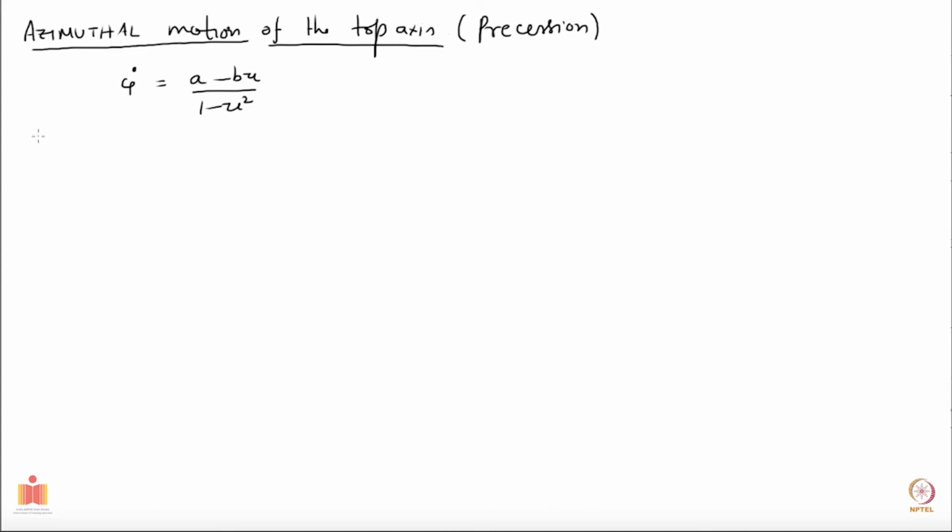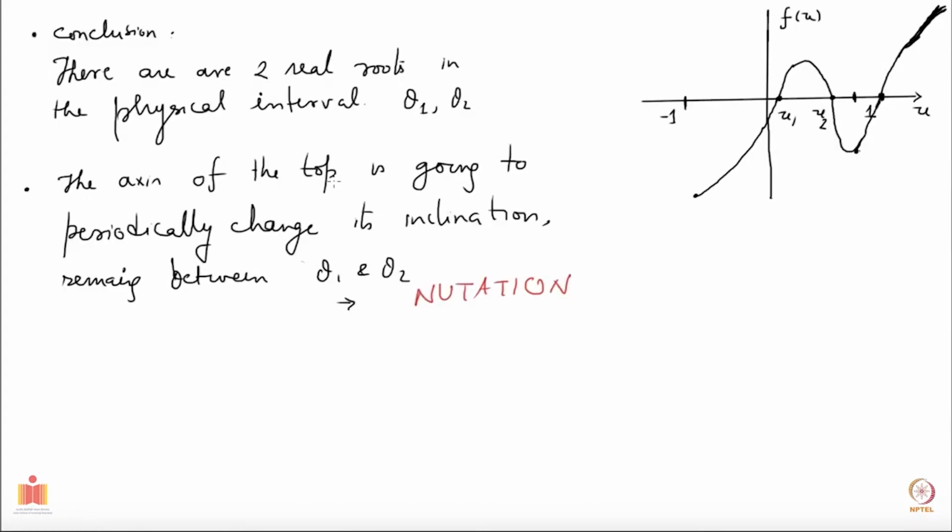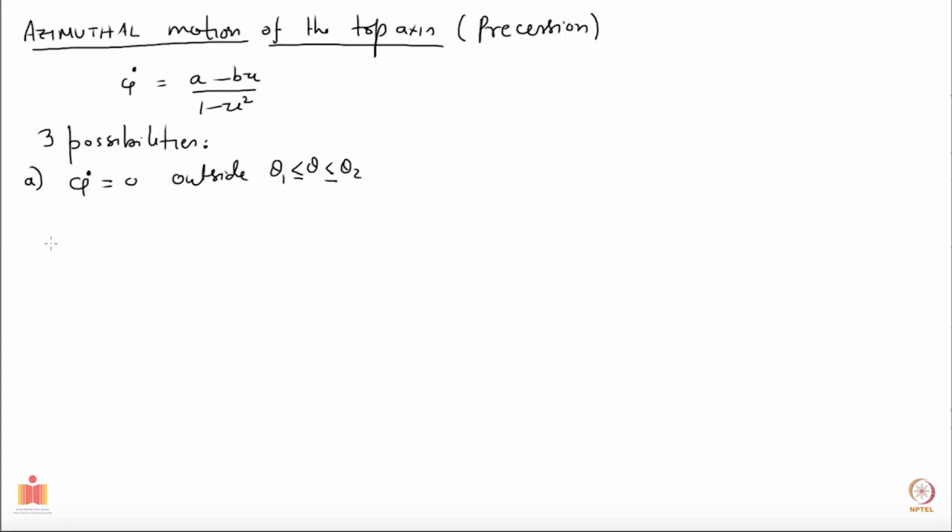So let me write it down. There are three possibilities. First possibility I have already described. Phi dot is equal to 0 outside theta 1 and theta 2. And this theta 1, theta 2 is what we talked about in this context, in the case of nutation. Now there is a second possibility that phi dot is equal to 0 inside this range.